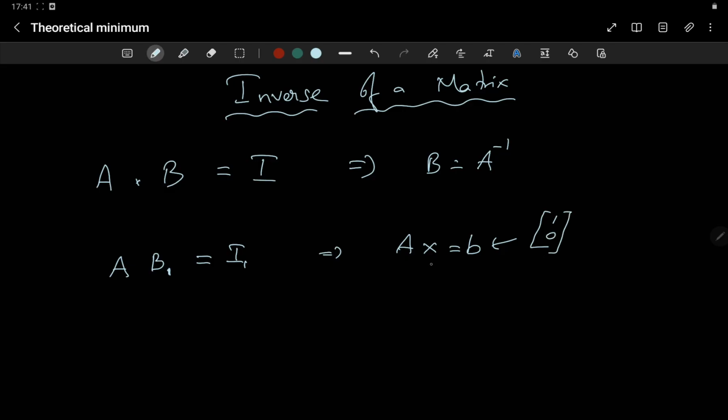Then you will get the first column of the inverse. And similarly, if B is 0 1, you will get the second column.